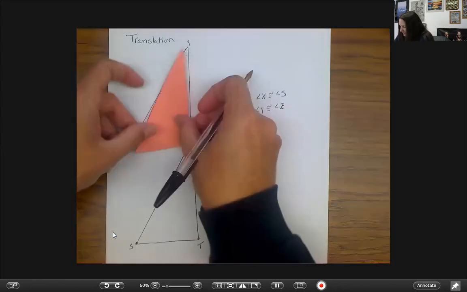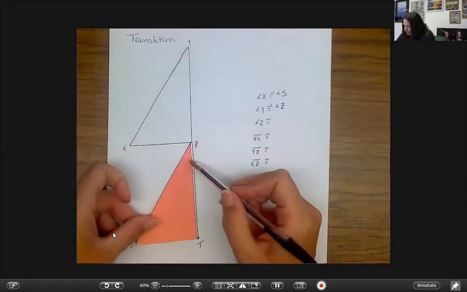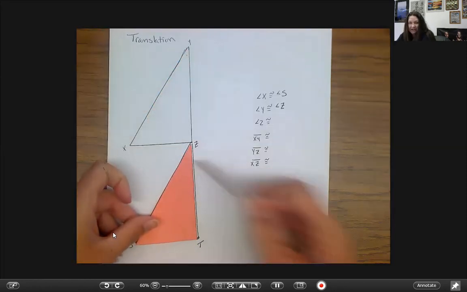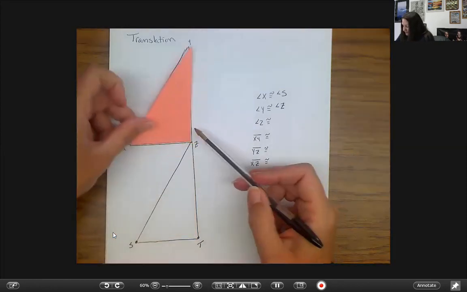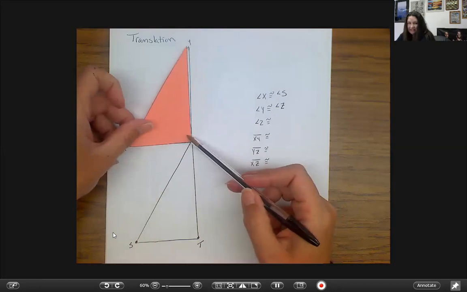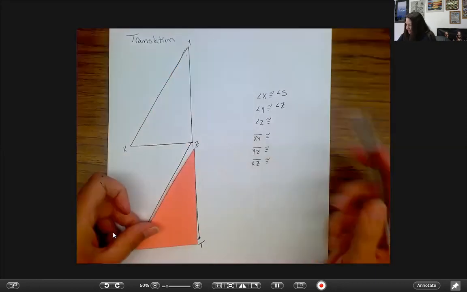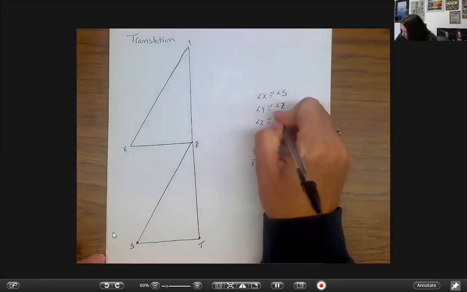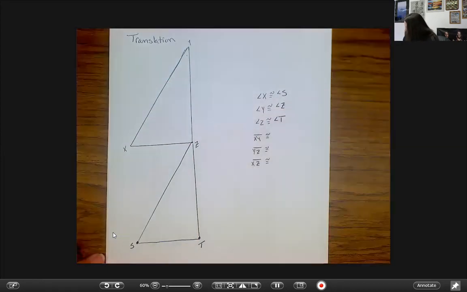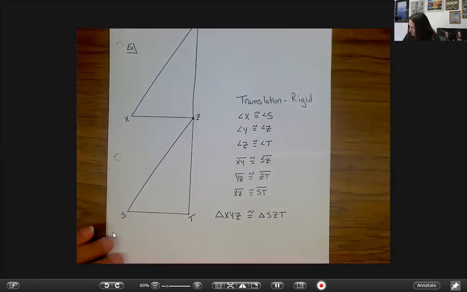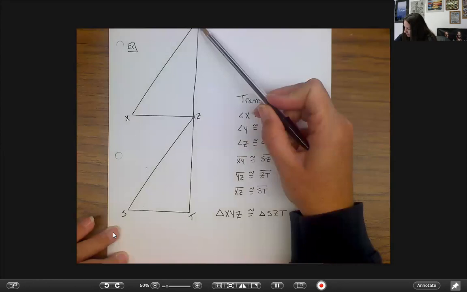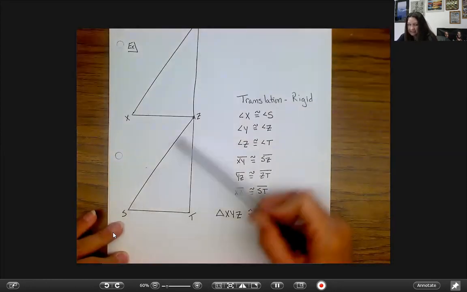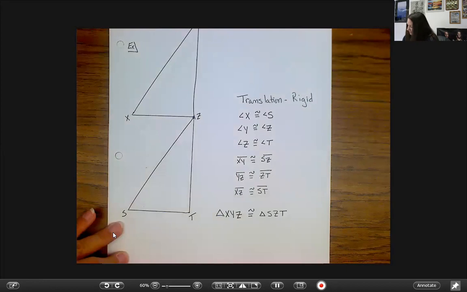Okay, so we should see that this angle here moves to this angle here at Z. But you should recognize it's not the same angle as the original Z. The original angle at Z moves to angle T. And then if we look at how our sides are matching up, side XY, which is right here, corresponds with side SZ, so those will be congruent to each other.